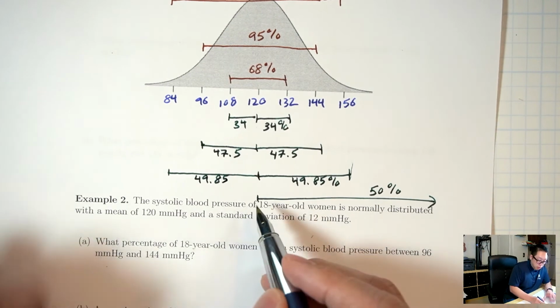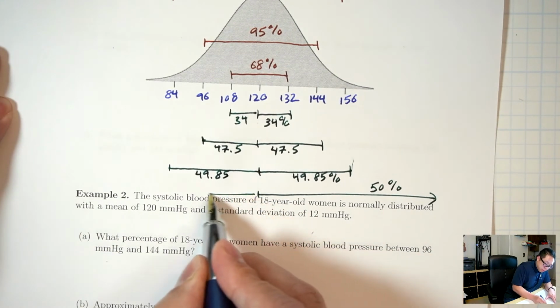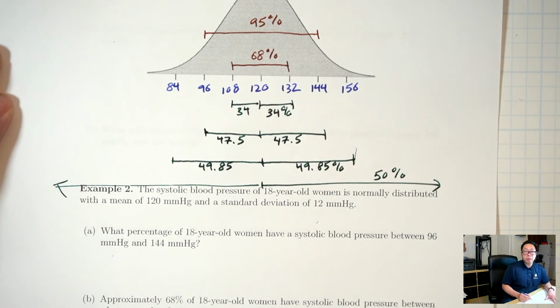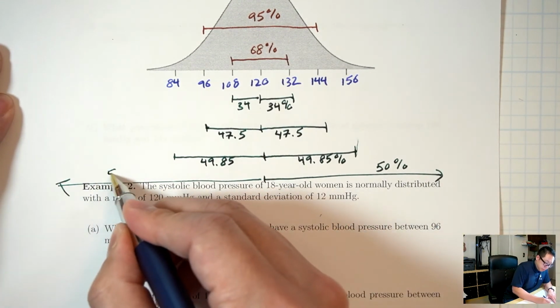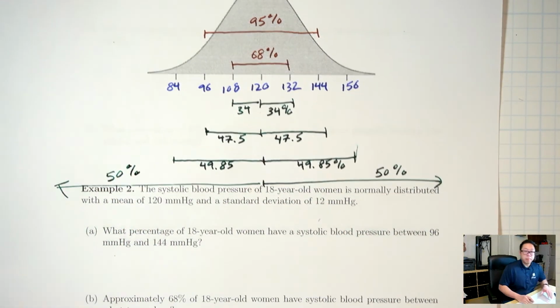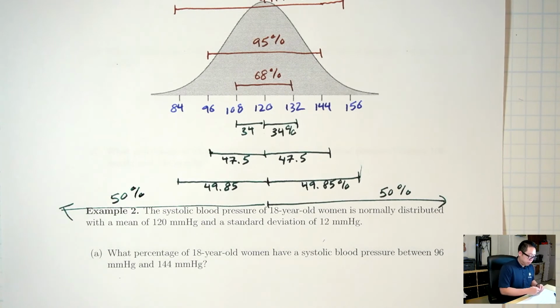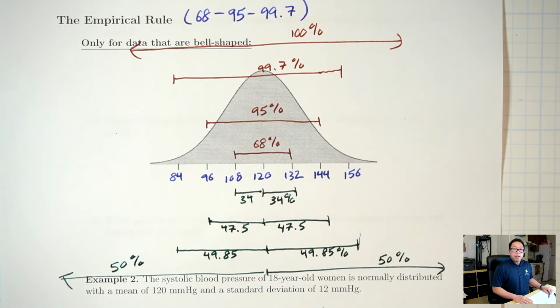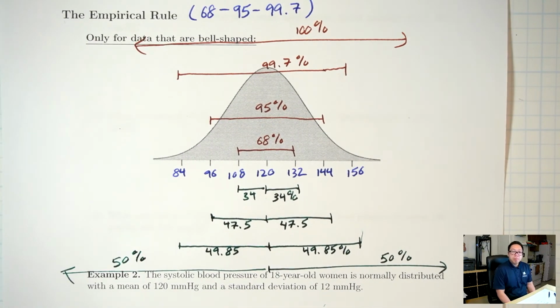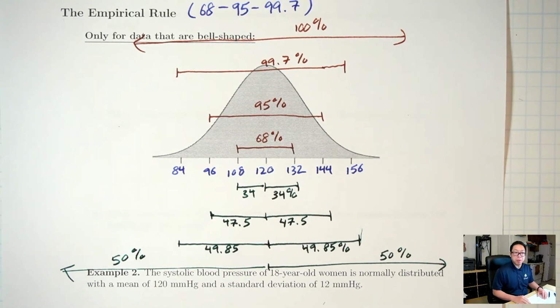And then middle all the way to the left should be 50%. Okay, so all of these questions in example 2, we're going to answer by staring at this picture. Part A, B, and C should be pretty easy because they come directly from the picture.